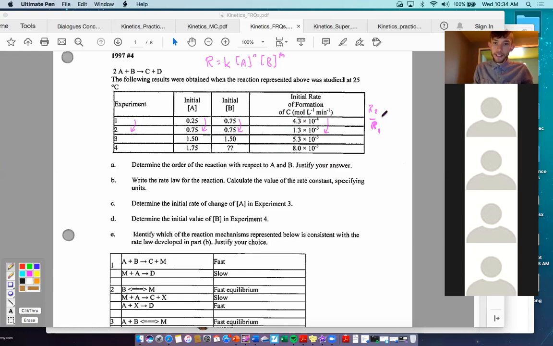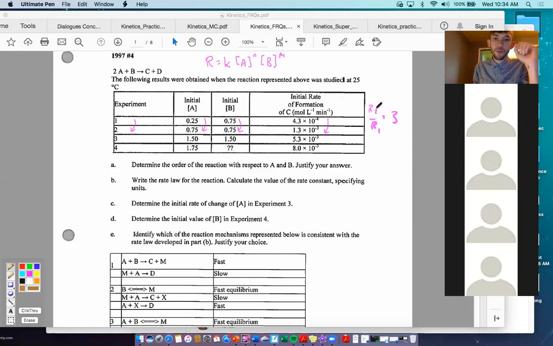If I divide these, I get a ratio of 3 as well. So right away, we can see that by tripling the concentration of A, I have tripled the rate. Therefore, I know the rate must be directly proportional to the concentration of A. So that tells me then that the order on A must be a 1. Remember, if you can't think through that math, you can write out a full ratio.